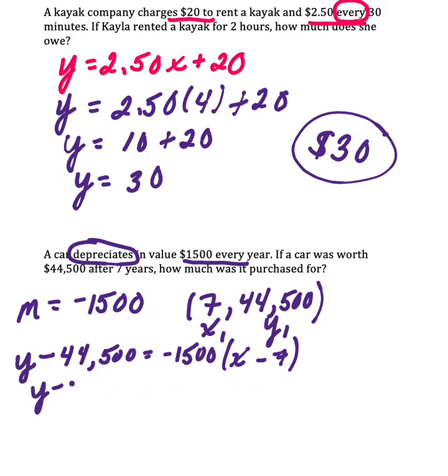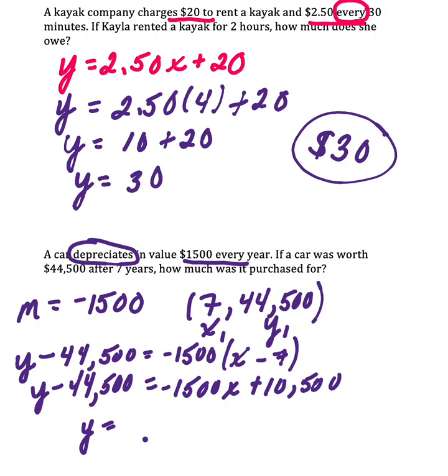I then am going to distribute that negative 1,500. So I have y minus 44,500 is negative 1,500x, because that's still going to be my slope, depreciating $1,500 every year. And the negative 1,500 times negative 7 is positive 10,500.